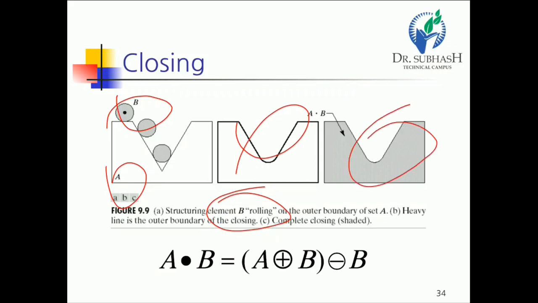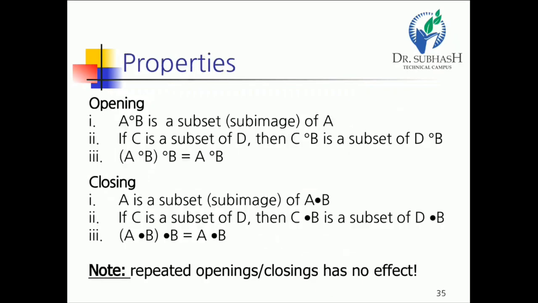So A closing B equals A dilated by B and the resultant eroded by B.